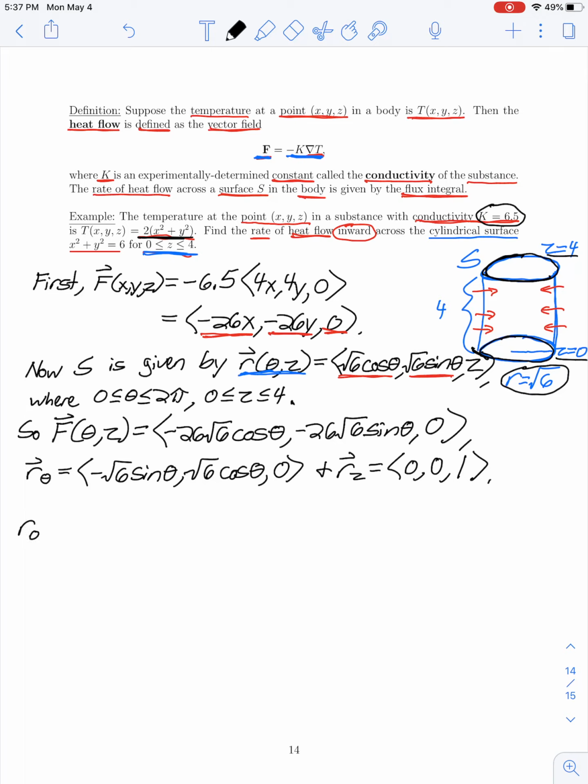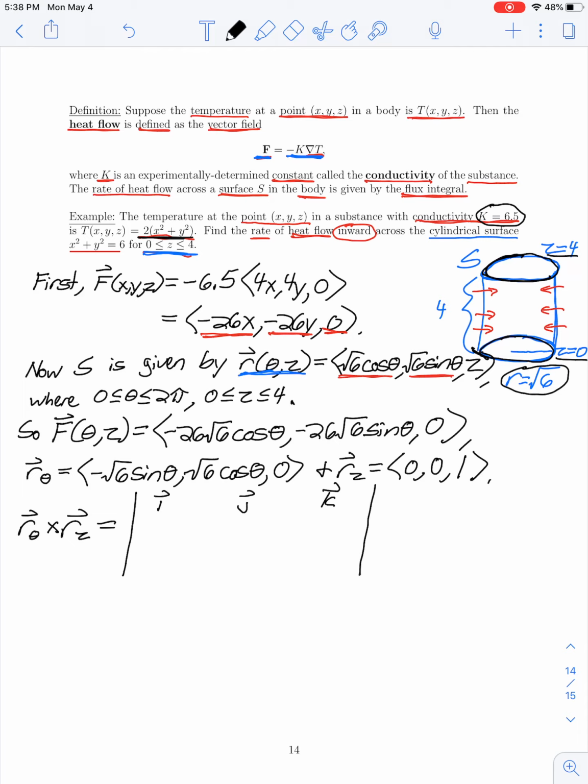So taking the cross product of those partial derivatives, r theta cross rz, we're taking the determinant of the 3x3 matrix, where our first row consists of the standard basis vectors i, j, k.